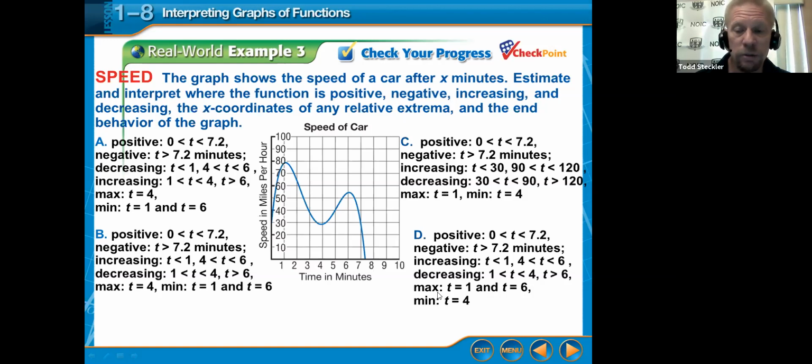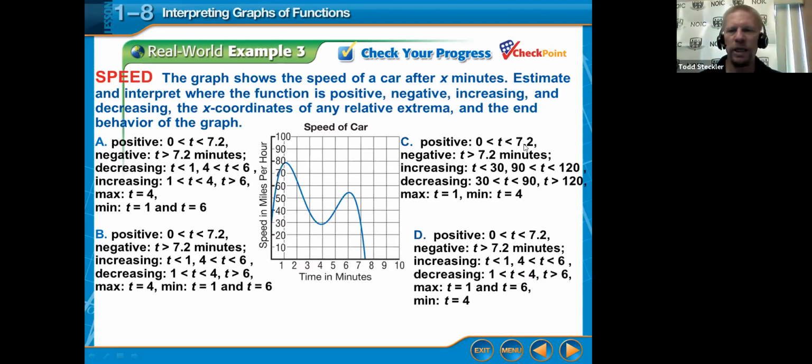So letter D is the correct answer. We have a relative maximum at t equals 1. It also says there's one at t equals 6. That's true. The graph changed from increasing to decreasing. And they said that there's a relative minimum at t equals 4. That's also true because the graph changed from decreasing to increasing.